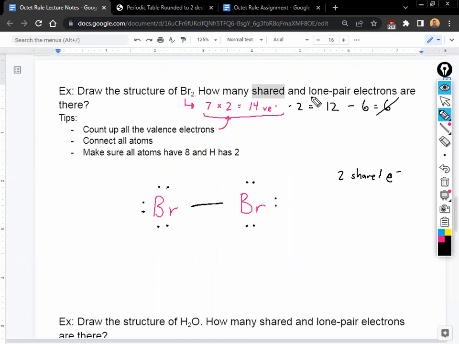This term, lone pair, means things that are not inside of a connection. So 1, 2, 3, 4, 5, 6, 7, 8, 9, 10, 11, 12. So it's going to be 12 lone pair electrons. Any electron that's not inside of a line is a lone pair electron.